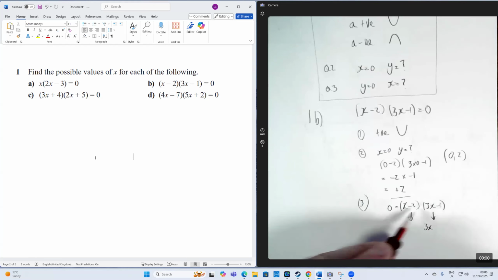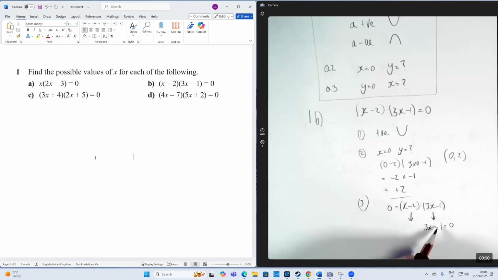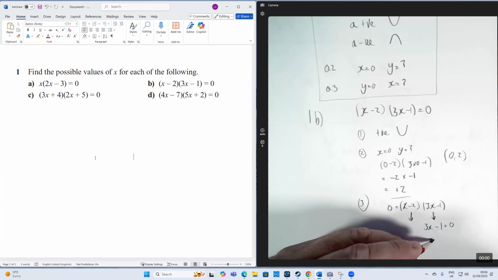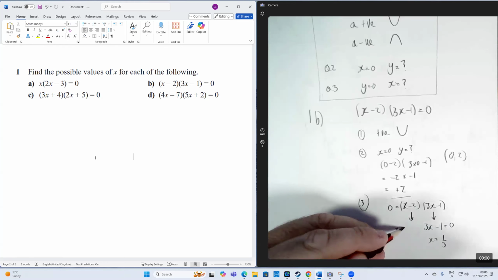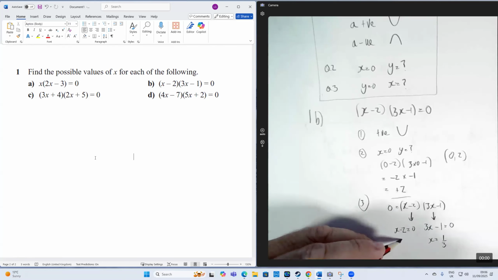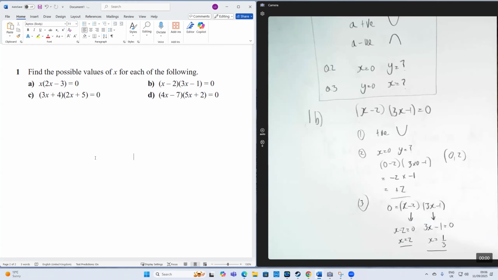So when you're doing this, you imagine that each of the brackets equals 0. So we would add 1 to both sides and divide by 3. That would give us x is equal to 1/3. And here we would have x minus 2 equals 0, so x is 2. So we found the 2 points of intersection with the x-axis.